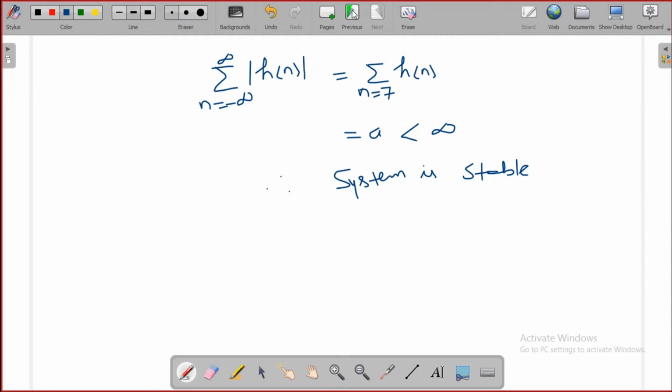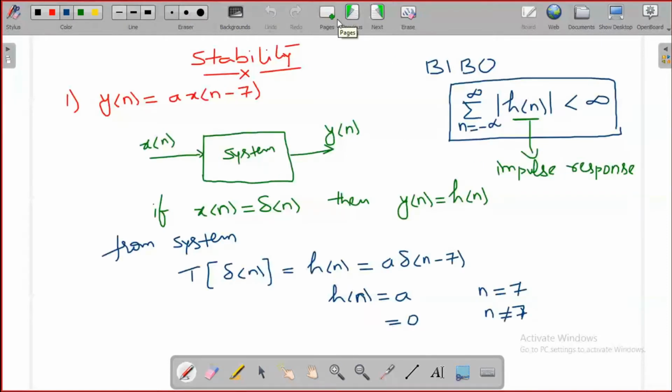Like that you need to check the stability of the system. If the system is described by a difference equation or a relation between the input and output, first try to find the impulse response, that is, substitute x of n equal to del of n. Whatever response you get for that impulse is simply called the impulse response.